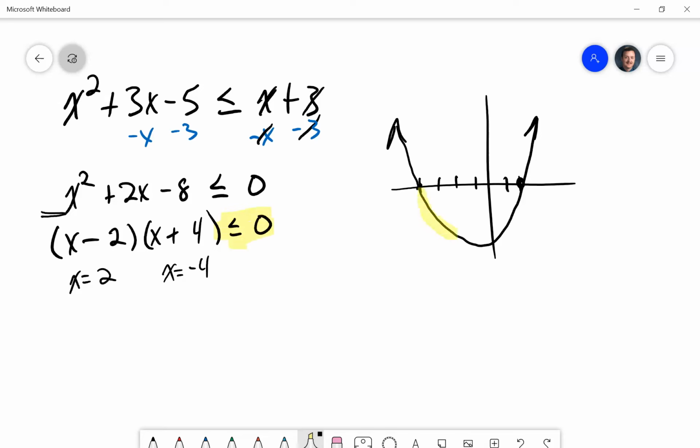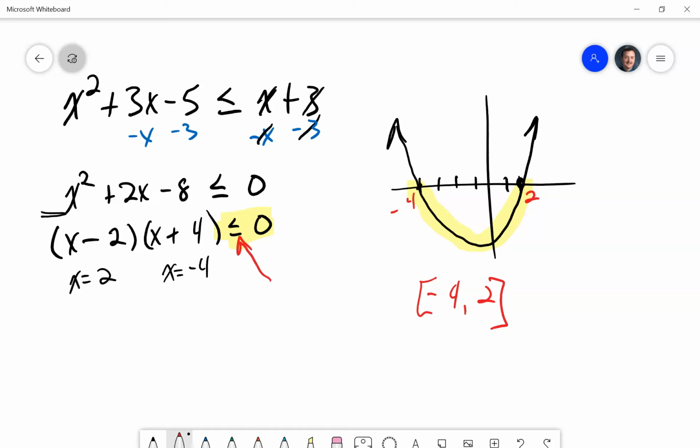So again, I'm looking for this region here below the x-axis. And in that case, I could say this is a critical value of -4, 2, and it would be between -4 and 2. Now this time I'm going to put brackets, and the reason why is because I have the equal to.